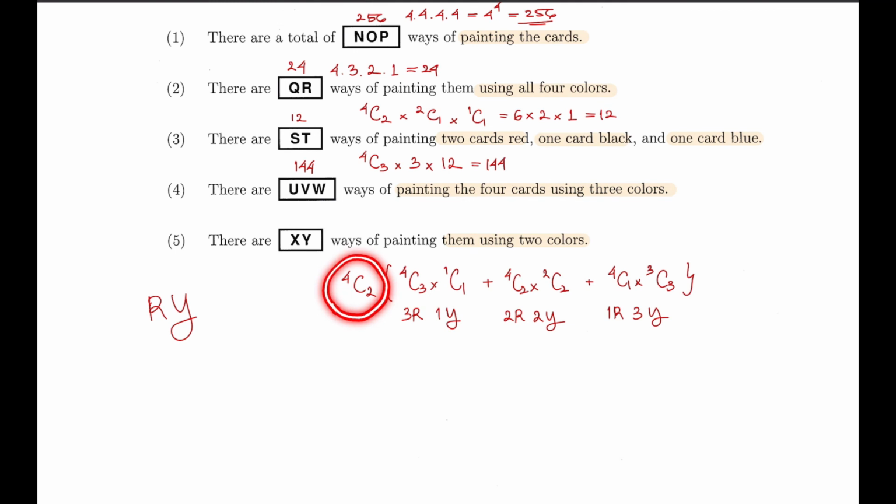This is from picking the colors, where we choose 2 out of 4 colors. And this is to paint the cards: 4C3 times 1C1 is 3 red, 1 yellow, if we assume I already picked red and yellow. 4C2 is 6. 4C3 is 4. 4C2 is 6. 4C1 is 4. 4 plus 6 is 10, 10 plus 4 is 14. 14 times 6 is 84.